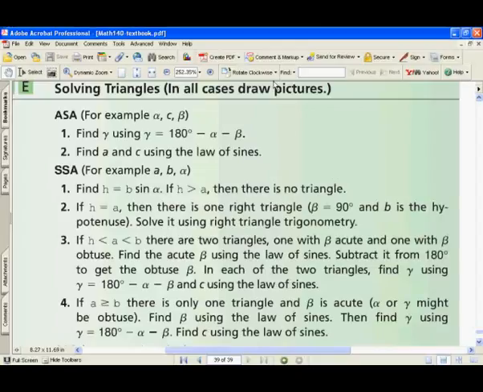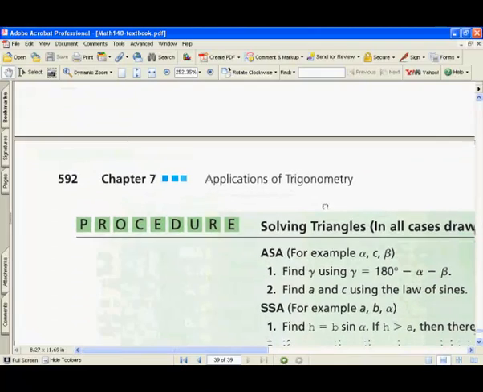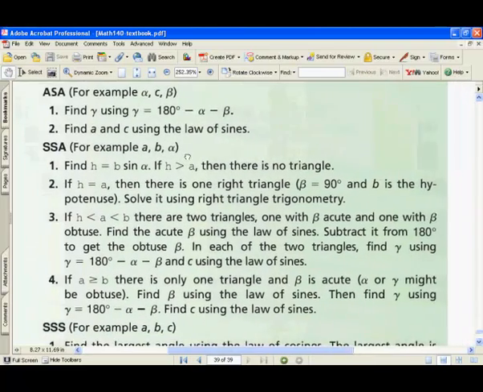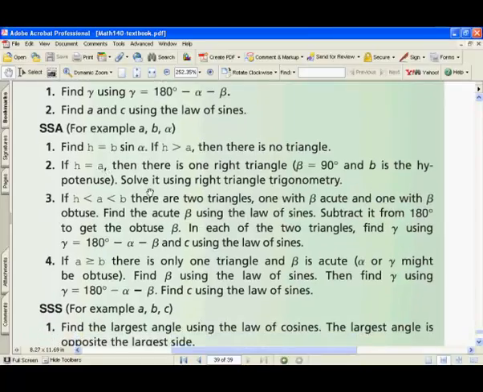So these two cases are summarized on this page 592. This is the case when we have two angles and one side, and this case when we have two sides and one non-included angle. So they are summarized here.